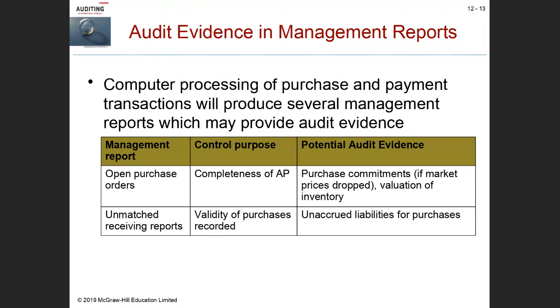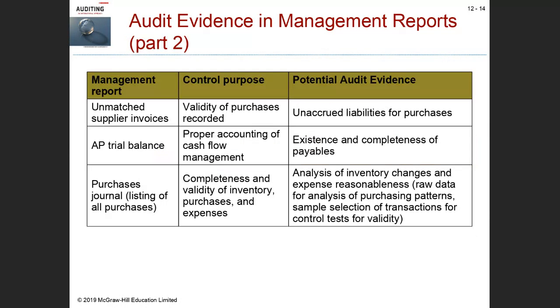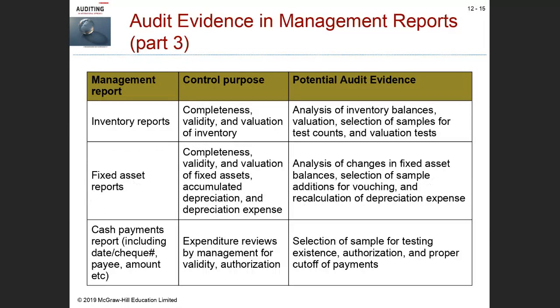And what I've said several times even today is the matching of those three documents is the key control in the purchase payable payment cycle. The purchase orders have to be matched to the receiving reports, which have to be matched to the supplier invoices, right? And if you have unmatched documents, it's just an indication there could be something wrong in the accounting process. Okay.